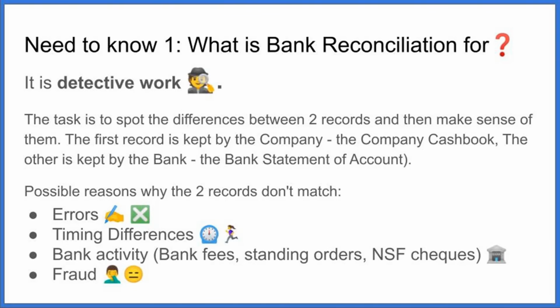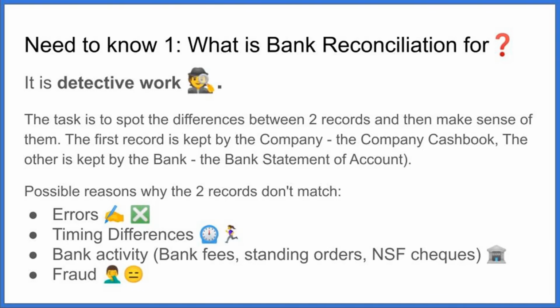But the biggest concern is that sometimes when these two records don't match, it could be because of fraudulent activity, right? Like Stacy's helping herself to a little bit of iPhone money on the side, something like that. We want to be able to detect fraud, and we want to be able to detect errors in our records with bank rec. So that's what it's for, okay?